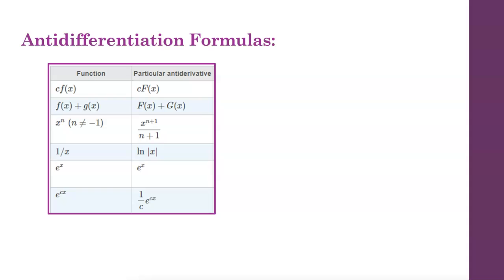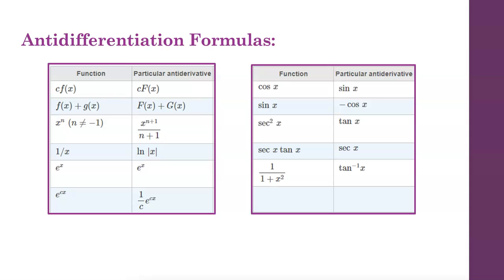And here are some other derivatives that we had seen. We know the derivative of sine x is cosine x, therefore the antiderivative of cosine x would be sine x. We know the derivative of cosine x would have been negative sine x, which means the antiderivative of sine x is going to be negative cosine x.